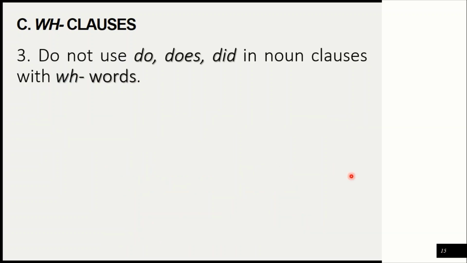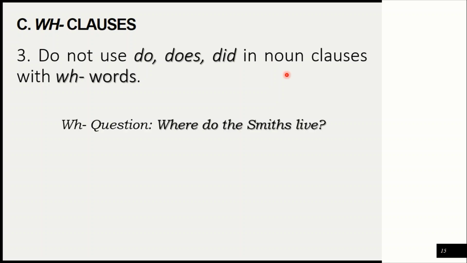Now, just like the if or whether clauses, these WH clauses do not use do, does, or did, right? For example, this is your question. Where do the Smiths live, right? How would you change it into a clause? Quite simple, right? You have, let's say, an introductory phrase or clause first, just to have more information.